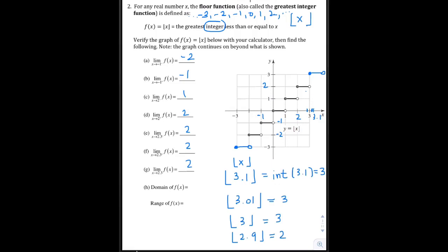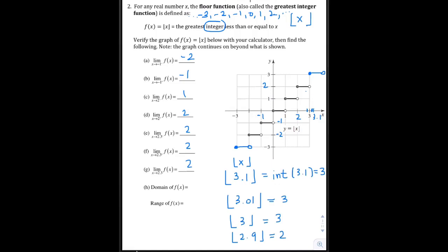So that's why we're seeing that this limit really doesn't exist at each of the integer values, because of these jumps. So, for example, to the left of -1, if we're approaching -1 from the left, we're at a y value of -2. If we're approaching -1 from the right, meaning the x value, we're at a step, a height of -1. So we're seeing that these limits do not exist.